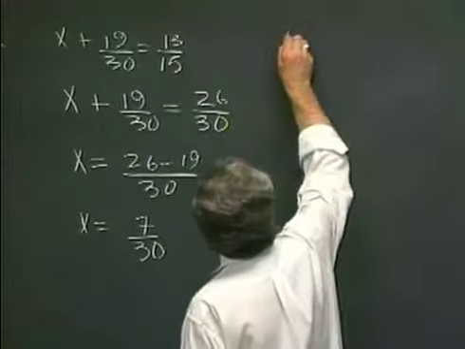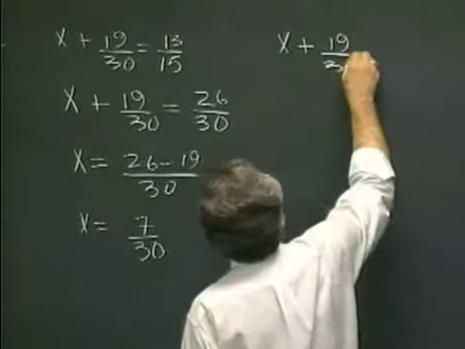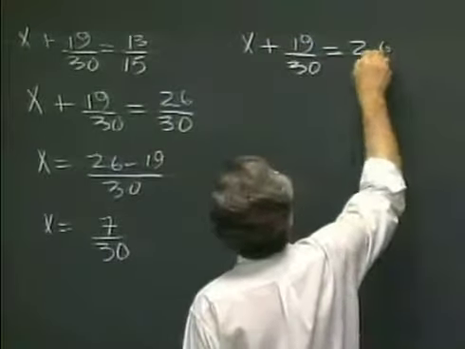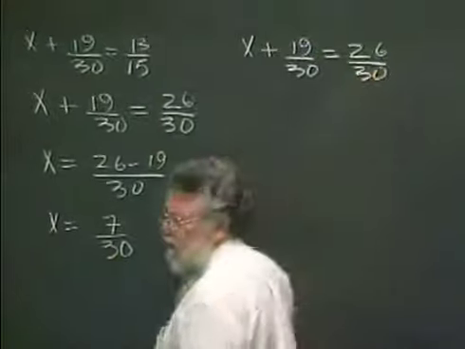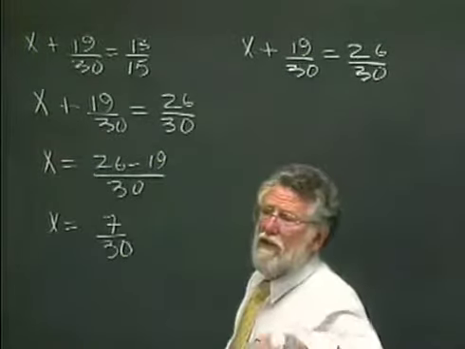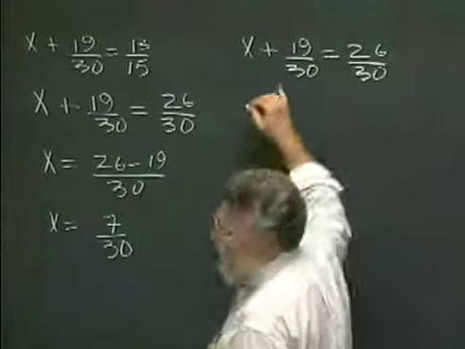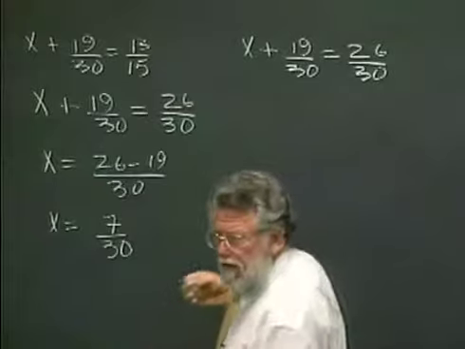Let's come back, because you're doing something that I have done most of my life. I'm going to rewrite this as 26/30ths. But I usually think of bringing things across the equal sign in an equation, and it changes it from a positive to a negative. So to that extent, I'm thinking of adding negative 19/30ths to both sides.